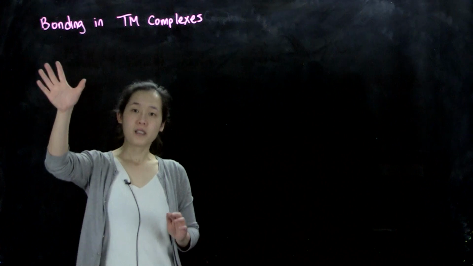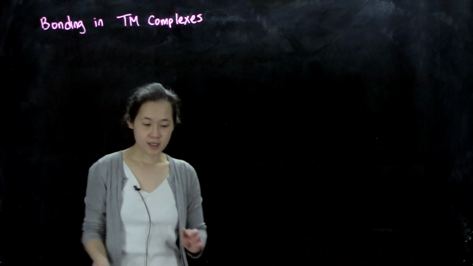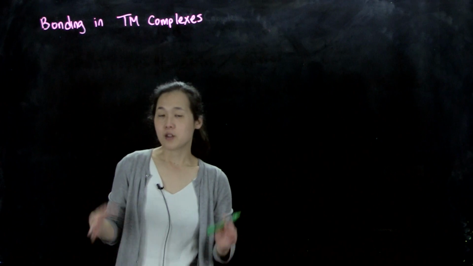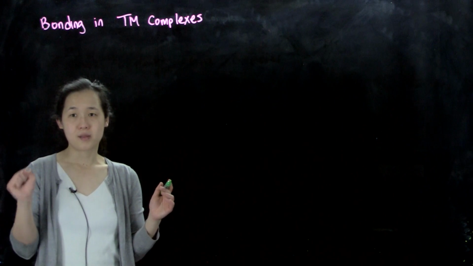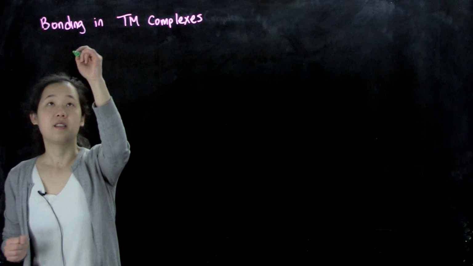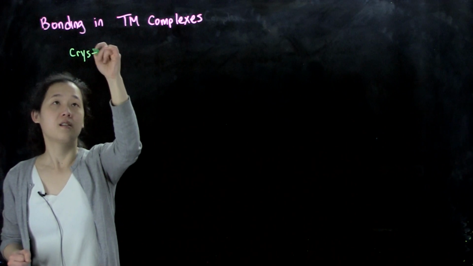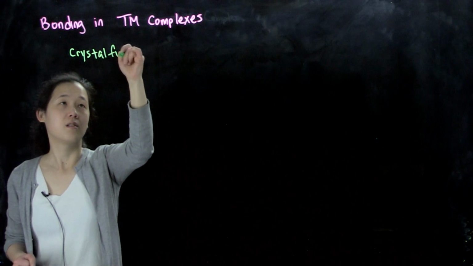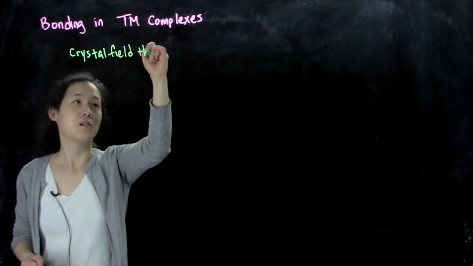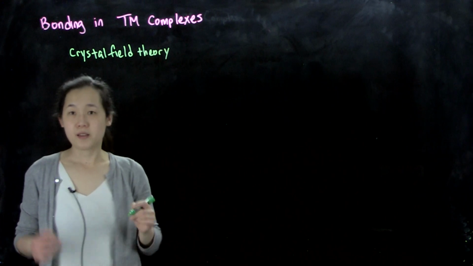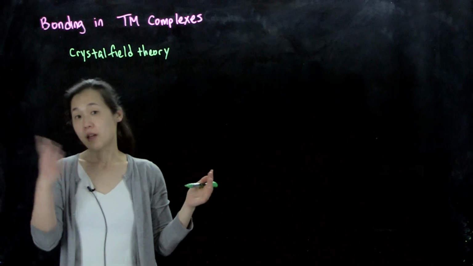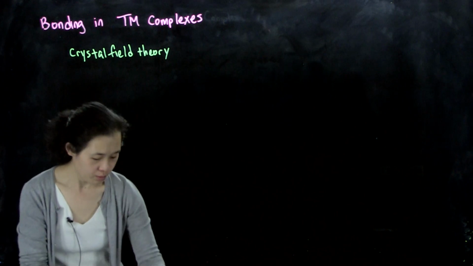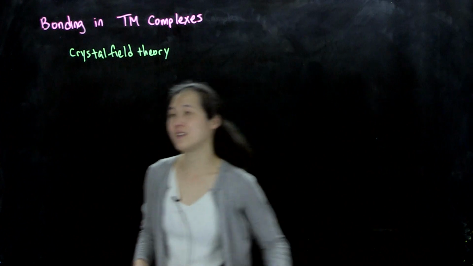So to address the question of bonding in transition metal complexes, there are two major approaches, and they're both really similar to each other. So in this class, we'll use them interchangeably. The first is crystal field theory. This approach treats all your ligands and your metal as point charges.